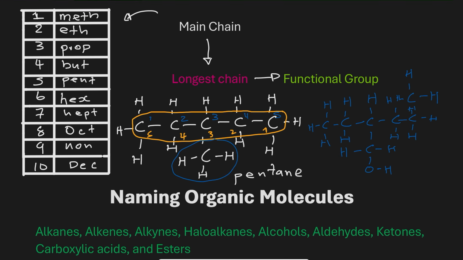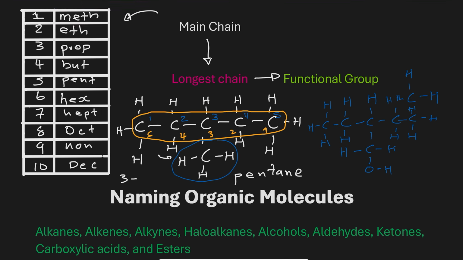So now in front of naming the main chain, you're going to include the branch. So now in this case, if you look at the branch, on the branch we only have what? We only have one carbon. So we're going to say now this one carbon is actually a branch that is on the third carbon of the main chain. And then remember now, one carbon is represented by meth.